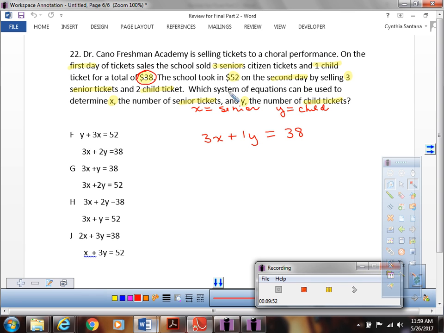Second equation, because this is a system, you're going to need another equation. And they did give us another total, it's right here. They said that on the second day, they sold $52, by selling 3 senior tickets and then 2 child. So plus 2y.